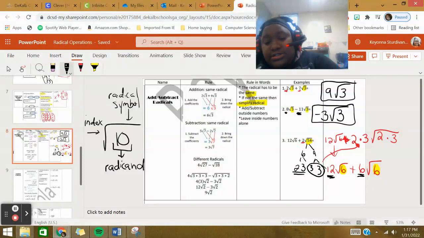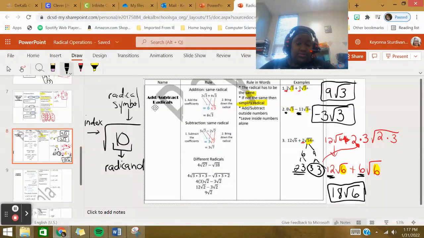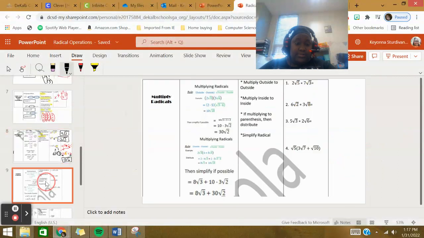For some reason, my drawing tools were freezing. So 12 plus 6 is going to give me 18, and this would be 18 square roots of 6. Again, this is how you add and subtract. You can only add or subtract the radicals together if the radicands are the same. Now please write the parts of the radicals down somewhere in your notes. Pause the video at this time to copy this down.